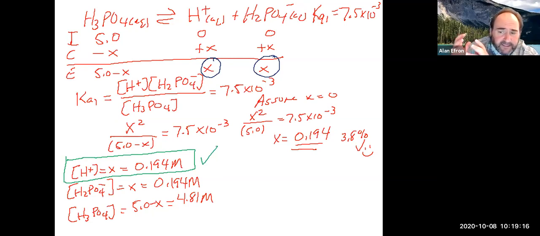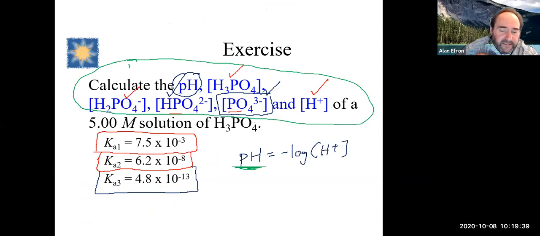That is because, as you can see in this calculation, we do not lose a lot of it anymore in the second one or the third one. It's a very small amount that comes off. Again, it gets harder to lose that additional H plus every time you take one off, and we see that here with the numbers. So if it was a problem where you weren't asked to solve for everything, you could probably safely just go into the pH equation after you do that first hydrogen that comes off.